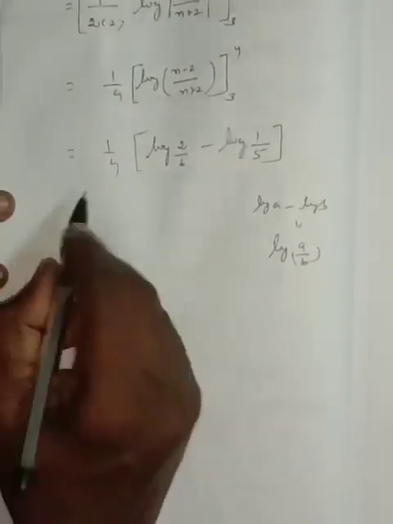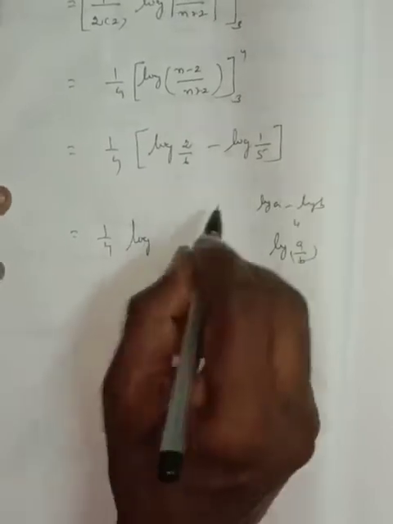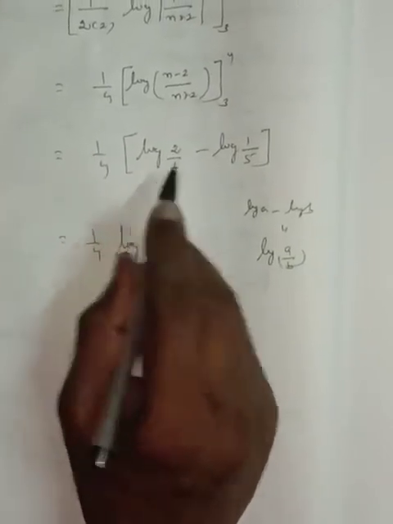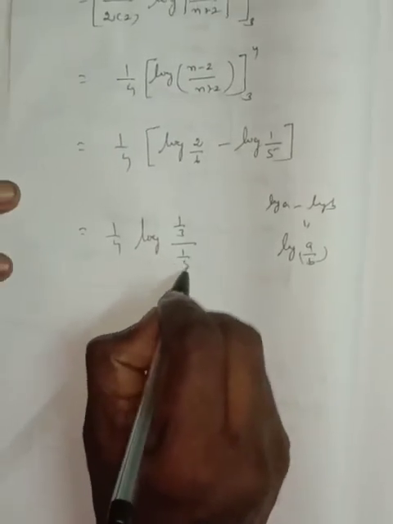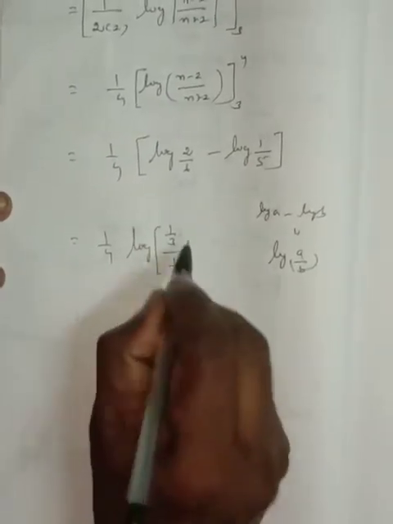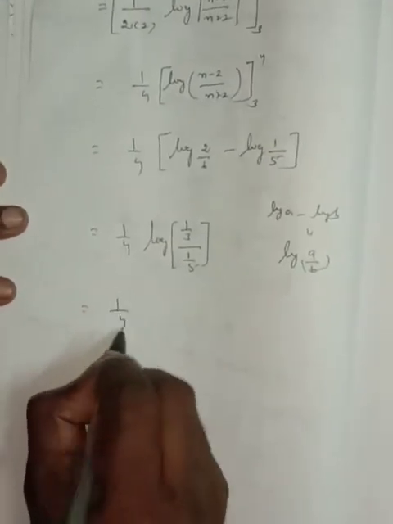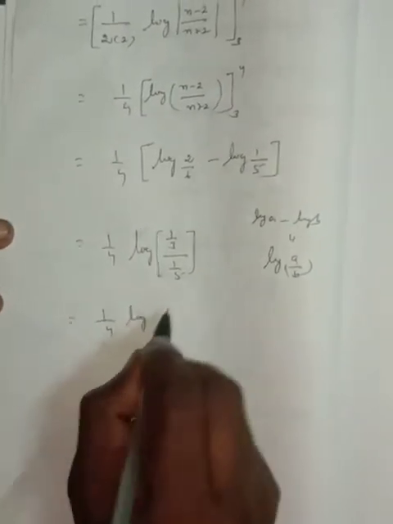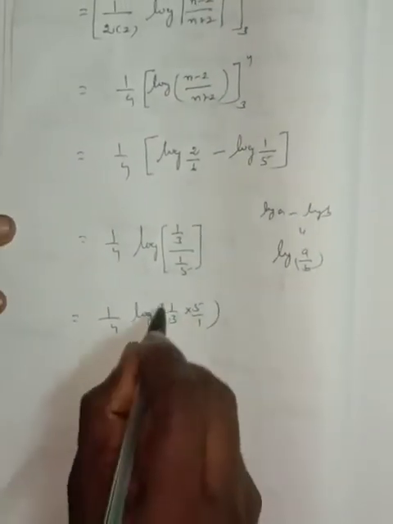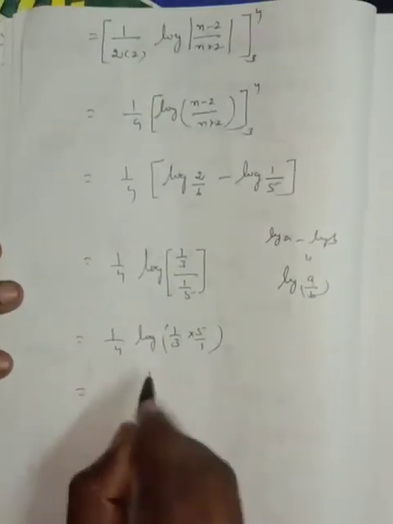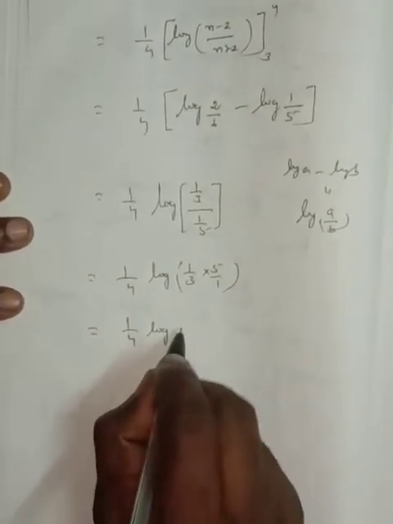In this case 1 by 4 log of 2 by 6, which means 1 by 3, divided by 1 by 5, is equal to 1 by 4 log of 1 by 3 into 5 by 1, which is 1 by 4 log of 5 by 3.